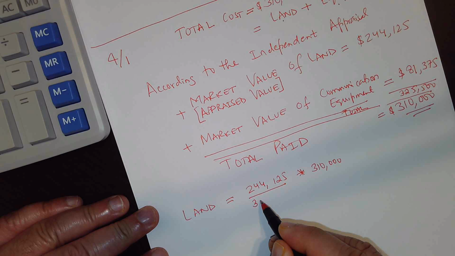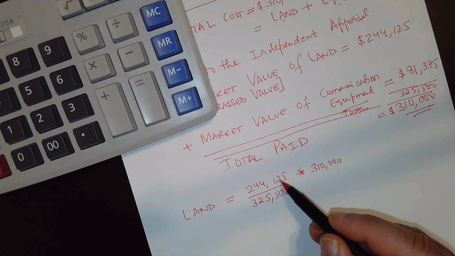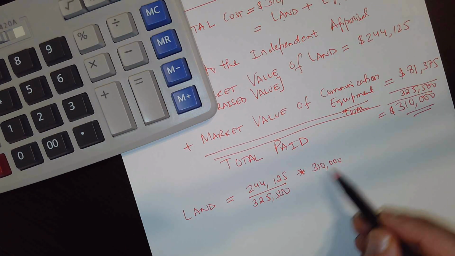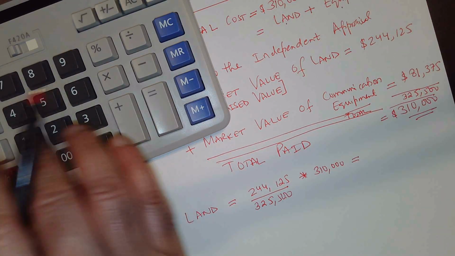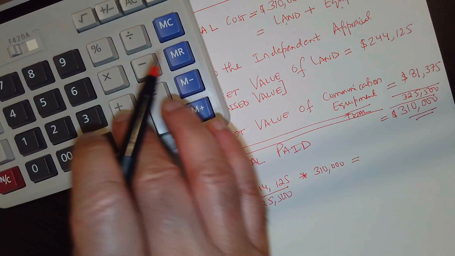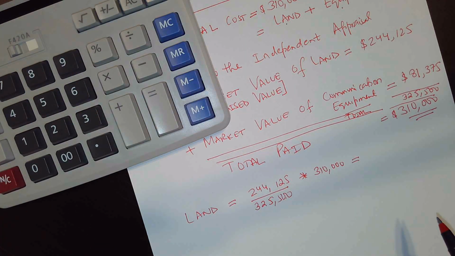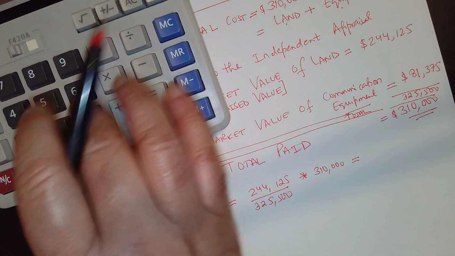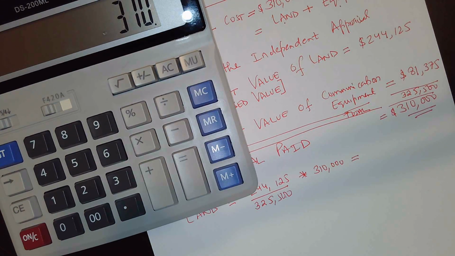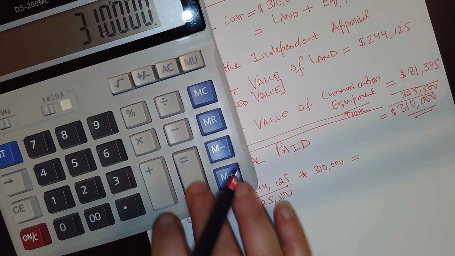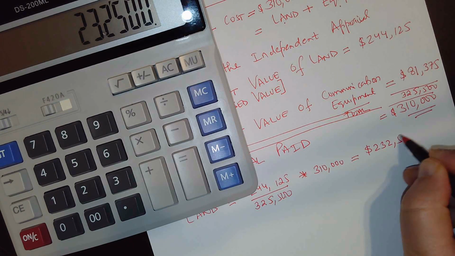So we're going to divide the land value by this total and multiply by what we paid. 244,125 divided by 325,500 is 75%, multiplied by $310,000. That will give us the book value of $232,500.